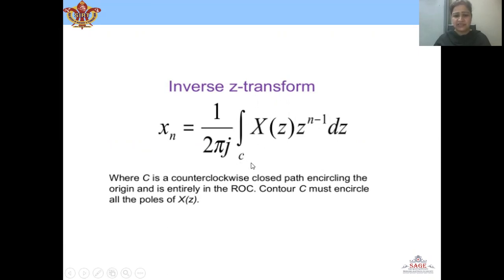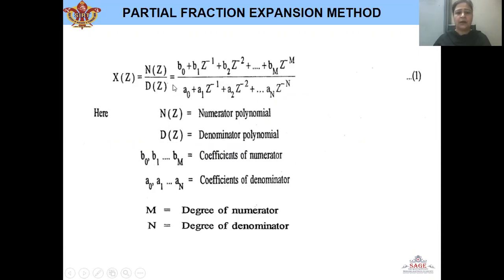This contour C must encircle all the poles of X(z). Now, there are various methods to find the inverse Z transform, but in today's lecture, I'll be taking the partial fraction expansion method, which is the most popular and convenient method to find the inverse Z transform.